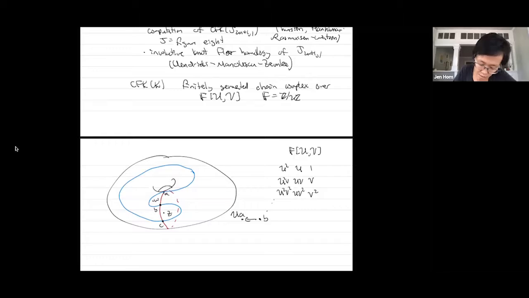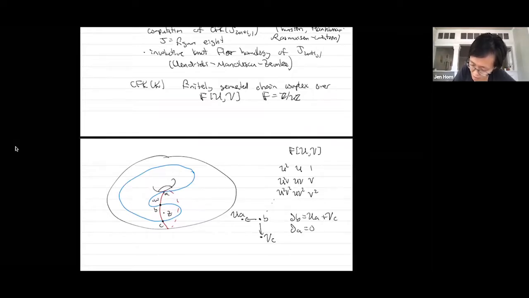And then we also see a disk from B to C that crosses the base point Z. So this is going to give us the boundary of B is UA plus VC, and the boundary of A is 0, and the boundary of C is 0.